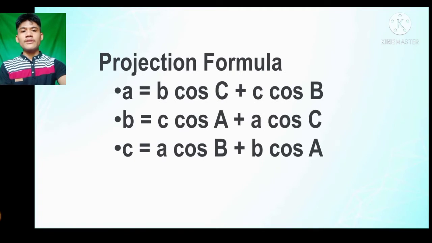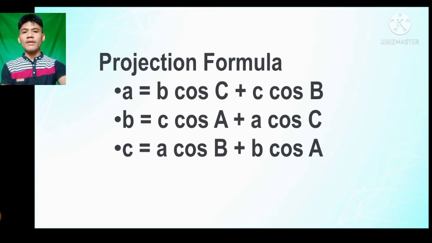So this is the projection formula: a is equal to b cosine C plus c cosine B. To avoid confusion about variables, small letters such as a, b, c are for the sides, and big letters such as A, B, C are for angles.